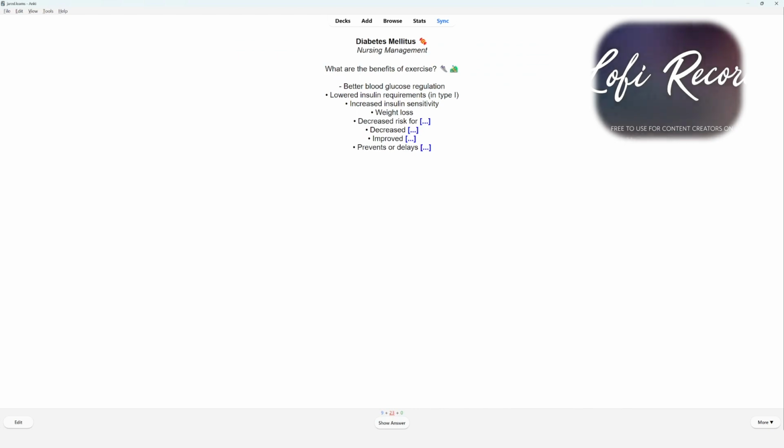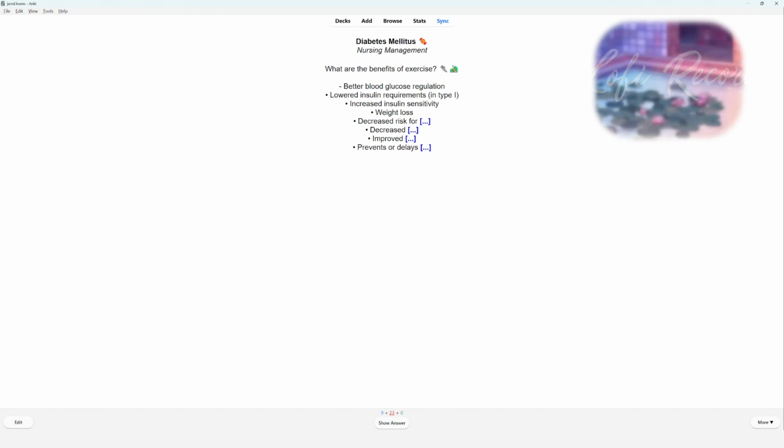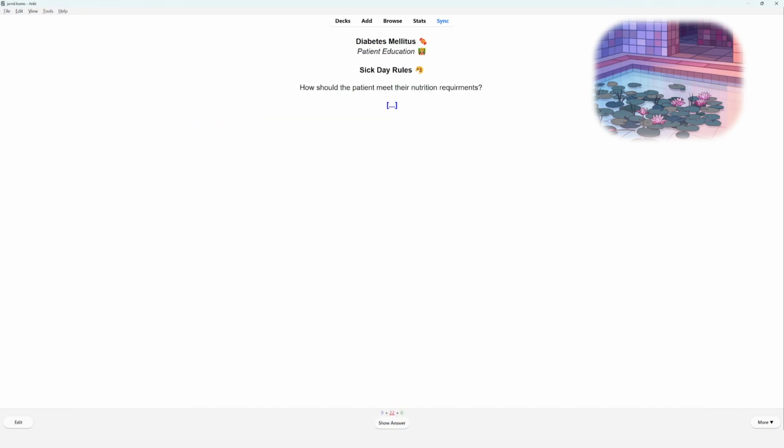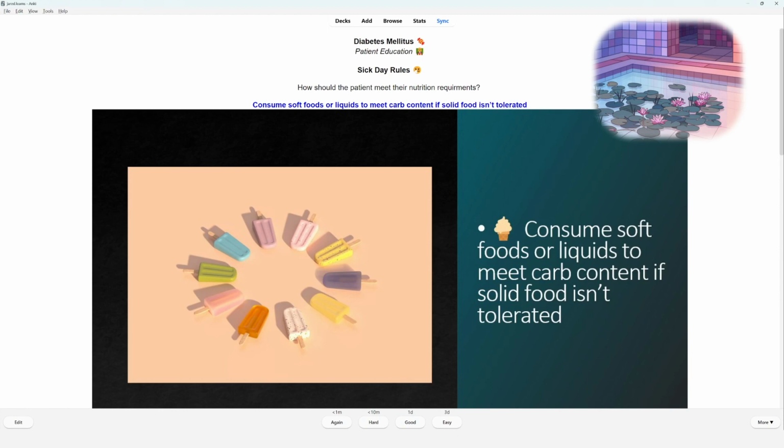Decreased risk for cardiovascular disease, decreased blood pressure, improved glucose control, and then prevents type 2, cardiovascular function, okay. How should the patient meet their nutrition requirements? Soft, liquid foods, or if they're not able to tolerate.